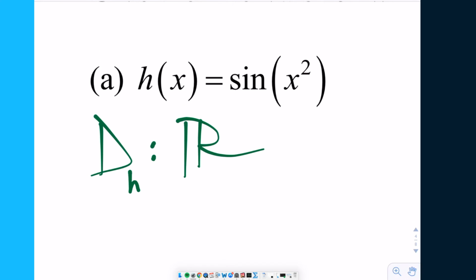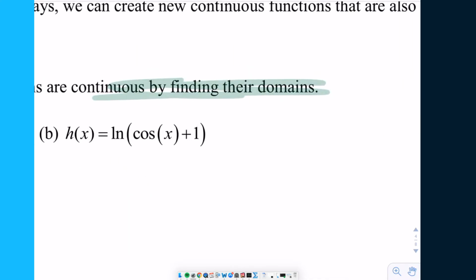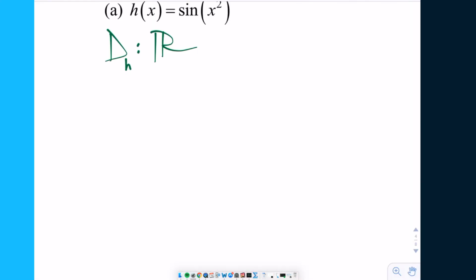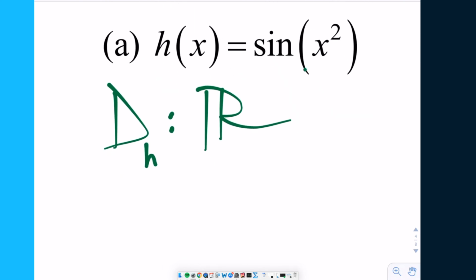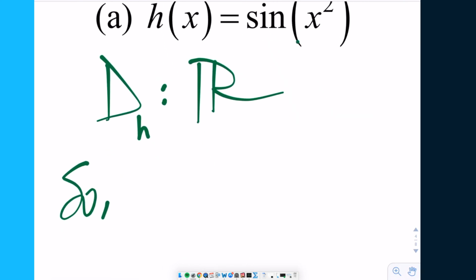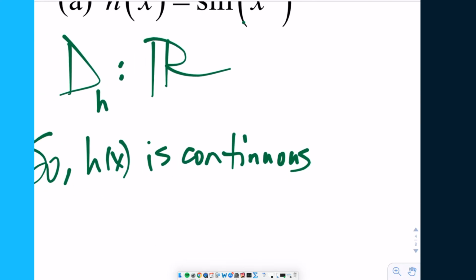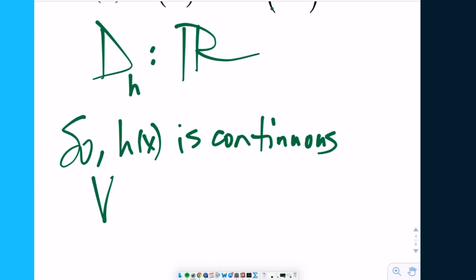Yes, good question. Because have we really answered the specific question that was being asked? No. It didn't ask us explicitly to find the domain. It said, see if it's continuous by finding the domain. So here we go. Okay, so, great transitional word. So, h of x is continuous for all x in the set of real numbers.